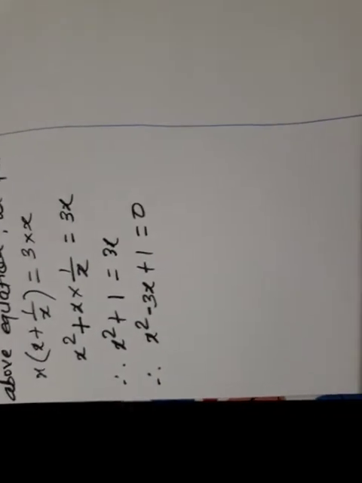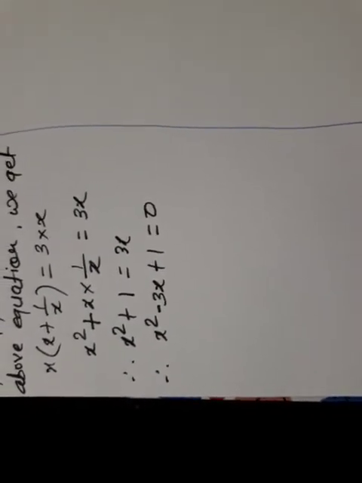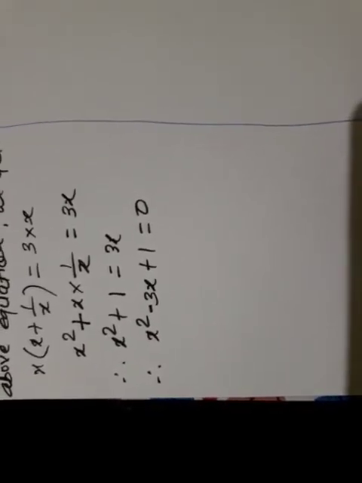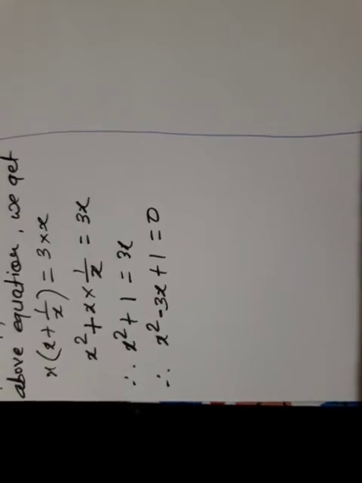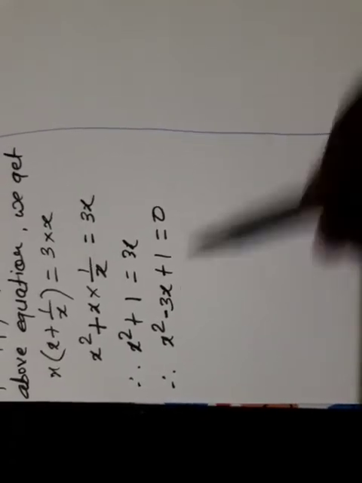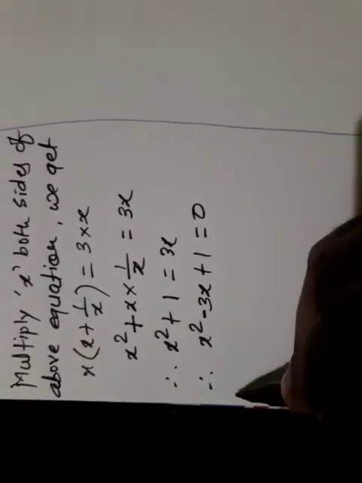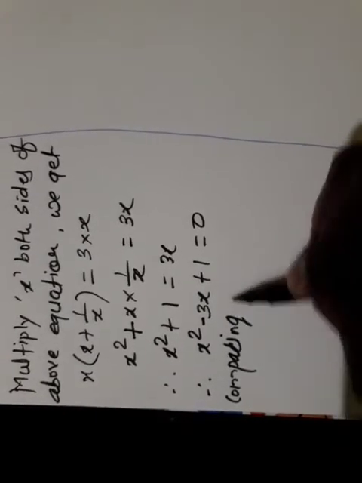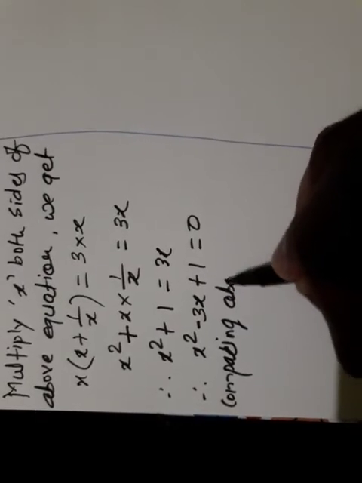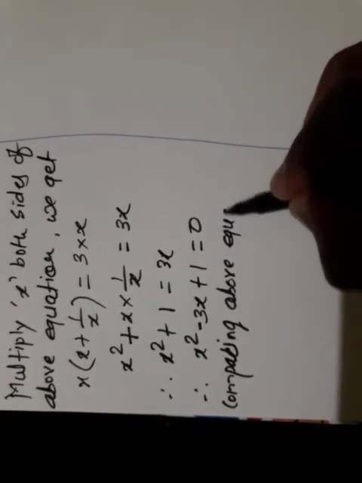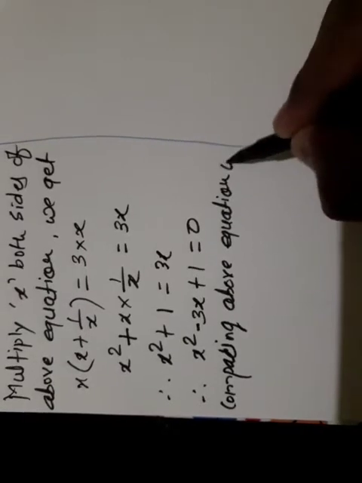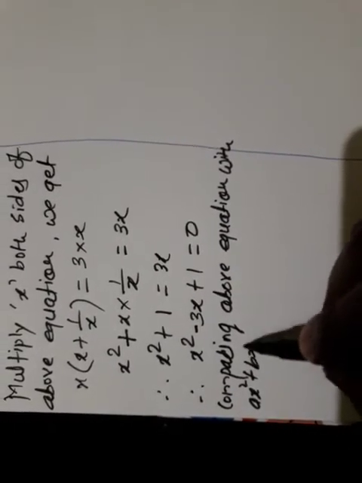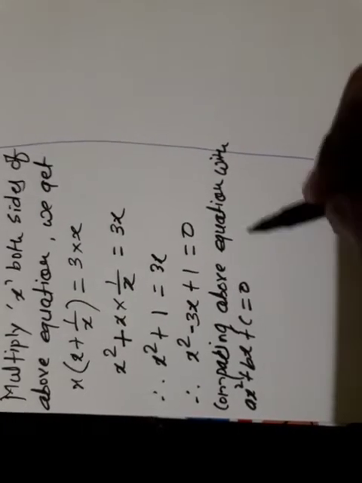Now you can use any method here, factorization or the quadratic formula method. Generally we use the quadratic formula method. As you know how to use it, first of all we have to compare the given equation with ax square plus bx plus c is equal to 0.